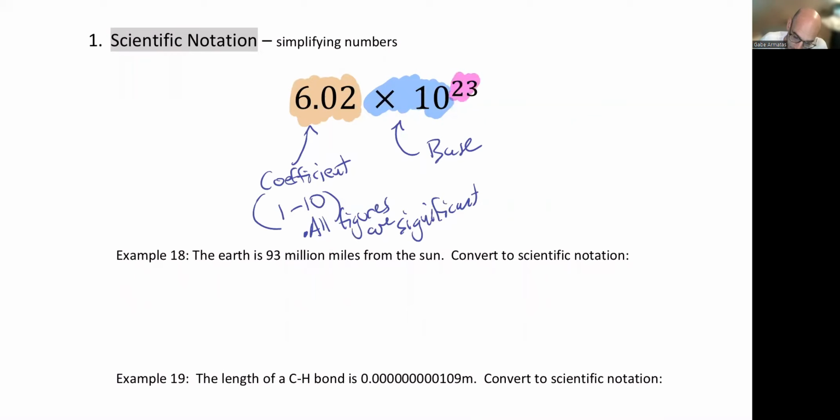All right, next up. This right here is not the coefficient, but the power, or the exponent, or the magnitude. That's a really important word. The magnitude essentially tells you how large that number is.